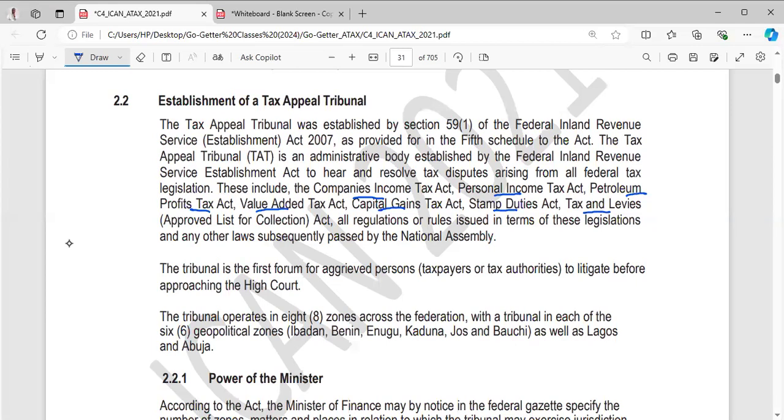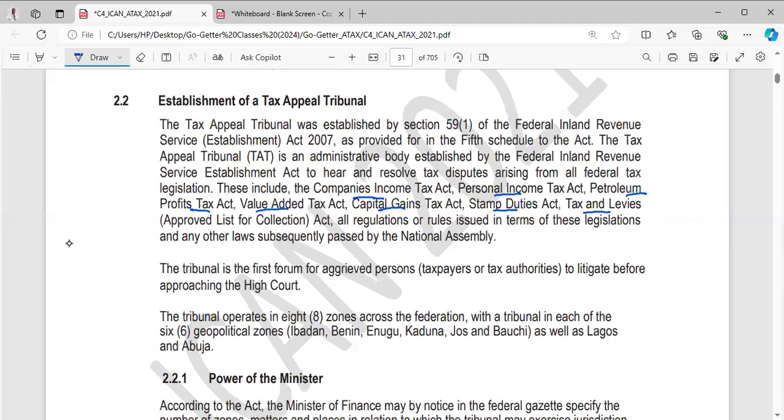They could resolve it to the satisfaction or benefit of the taxpayer at the detriment of the Federal Inland Revenue, or they might handle it and it favors the Federal Inland Revenue and displeases the taxpayer. So though it was established under the FIRS Act, they are a different, independent body.